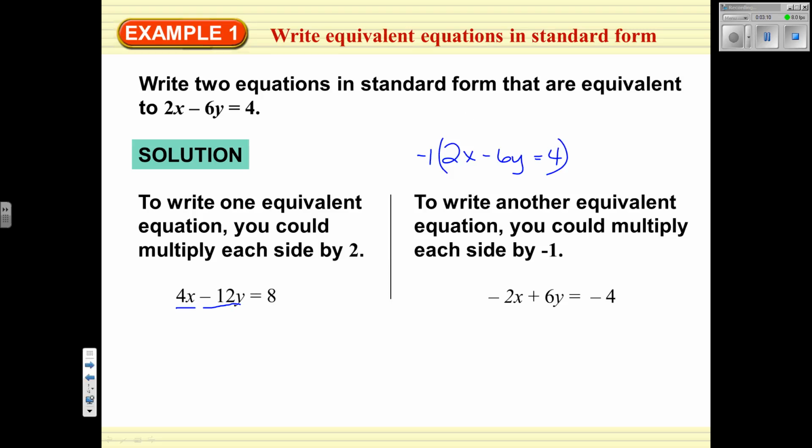We would get a negative 2x, a positive 6y, and a negative 4. Notice the signs of every term change. This changes to a negative, this to a positive, this to a negative. That is just one easy way to write an equivalent equation. So all three of these equations are equal to each other. They would all graph the exact same line.